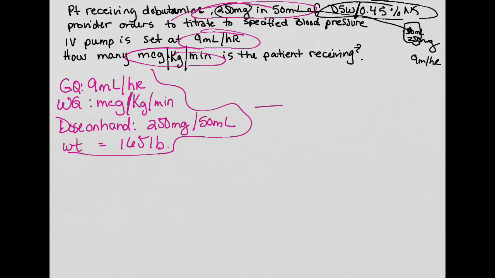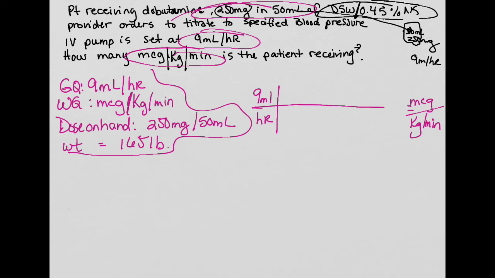All right, so step one here. We have 9 mLs per hour. I always put the given quantity first and then what we're asking for. Your answer we're looking for is micrograms per kilogram per minute. All right, that's what we're asking for. Now what else are we going to put in?